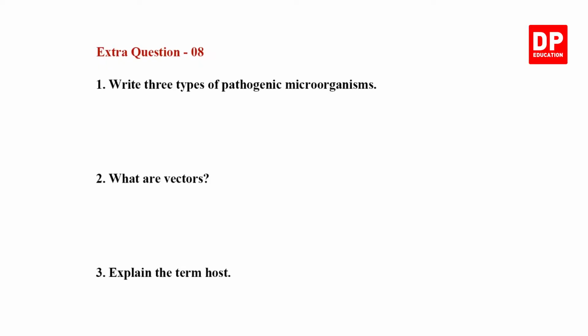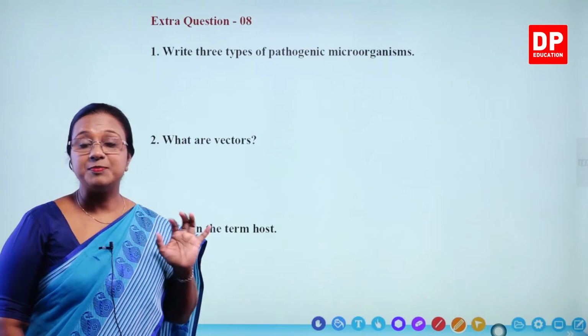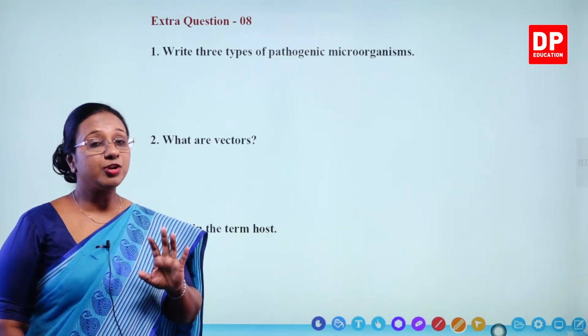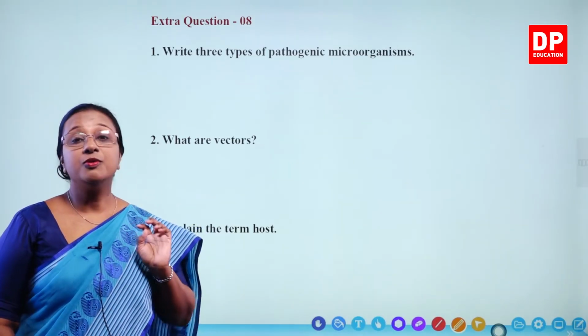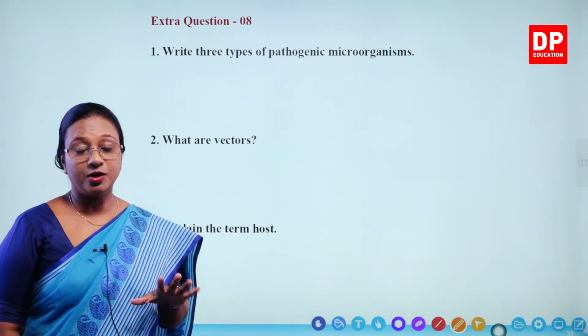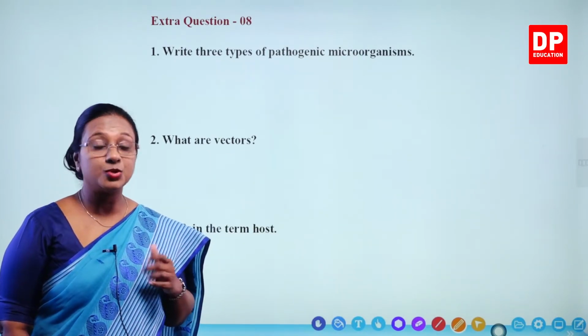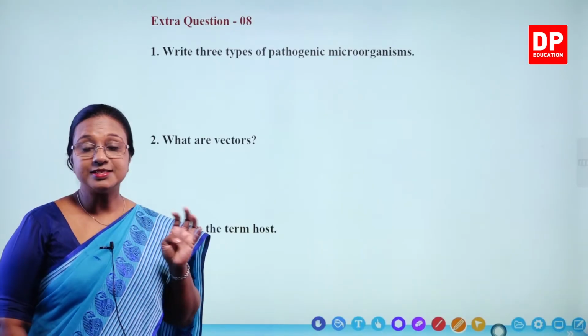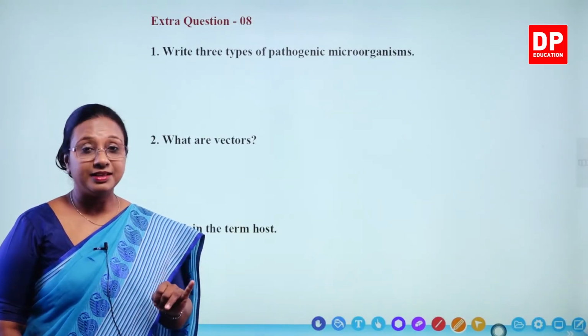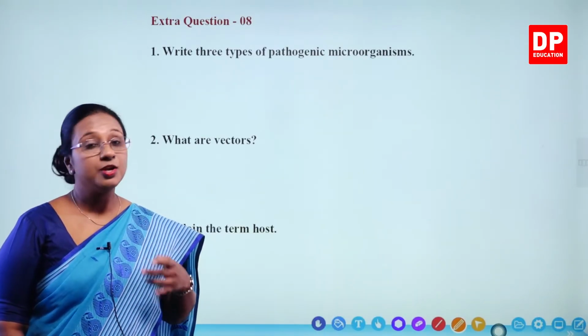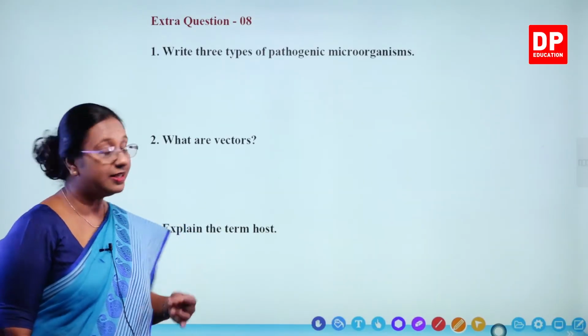Extra question 8. Write 3 types of pathogenic microorganisms. So you know the 5 types of microorganisms. Out of those, there are 4 who can become pathogenic or act as pathogens. What are they? Viruses, fungus, bacteria and protozoa. So you can write any 3.